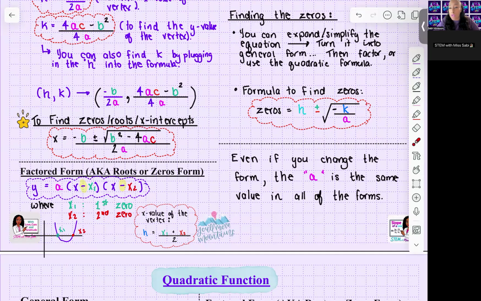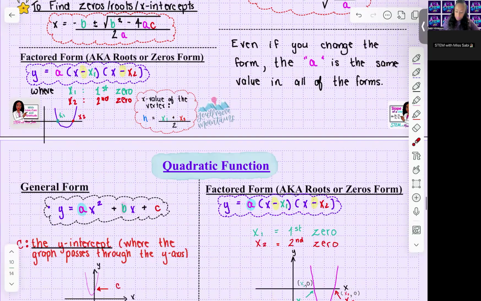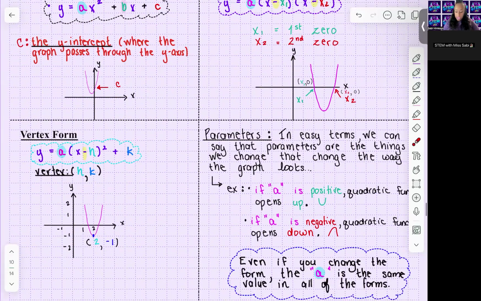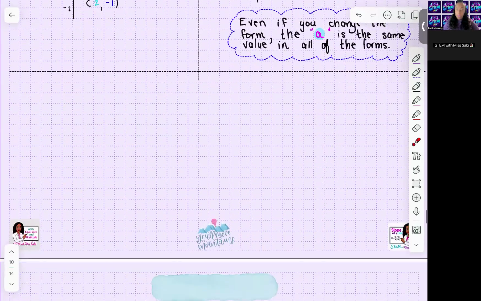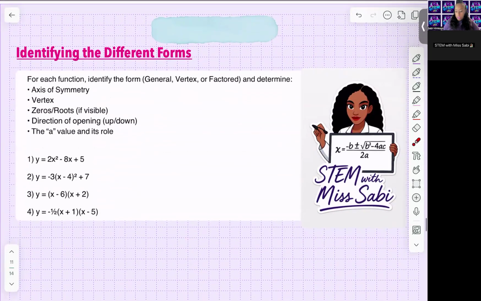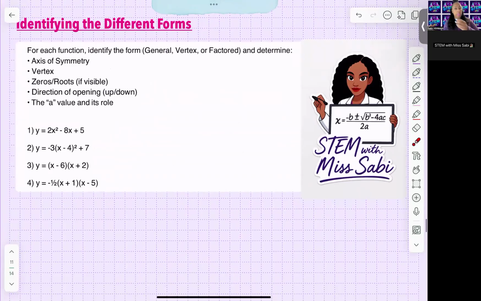It's important to note that for when you are converting between forms, because no matter what, that a is going to stay the same, regardless of what form you are using. So again, this is just me reminding you of all the little things. Your memory aid is what's going to really make or break you for this section.